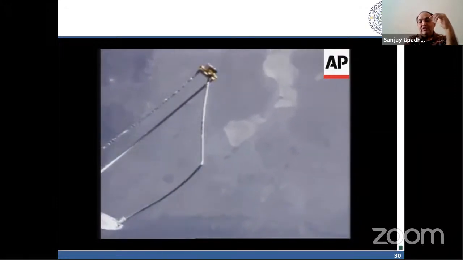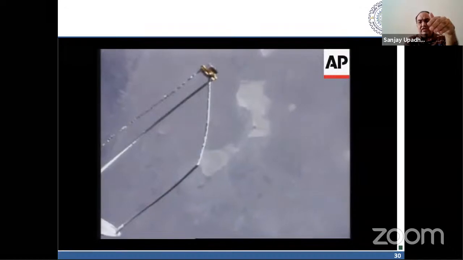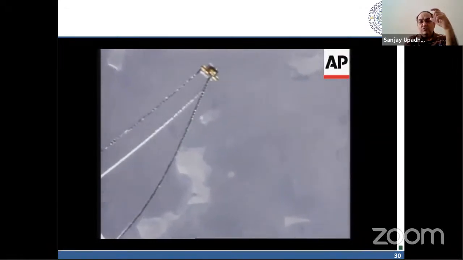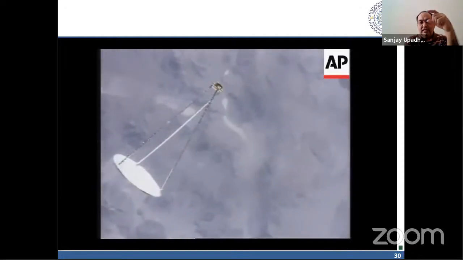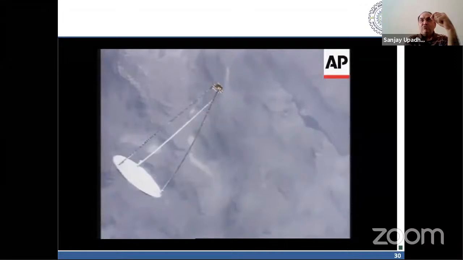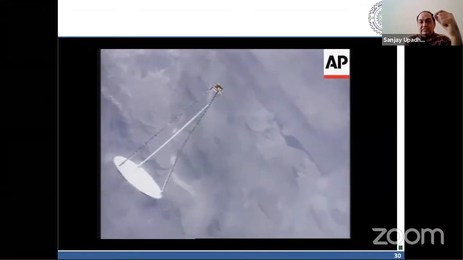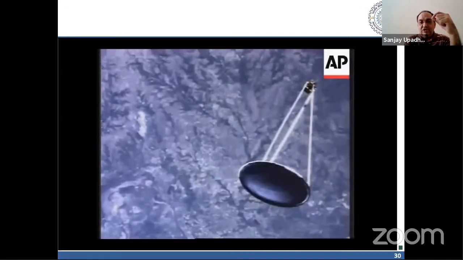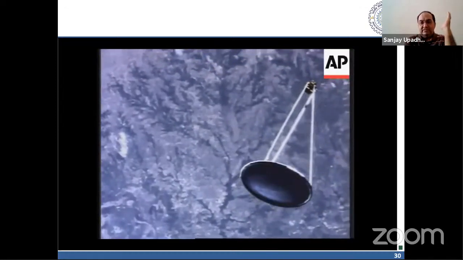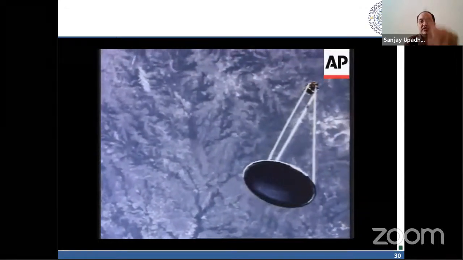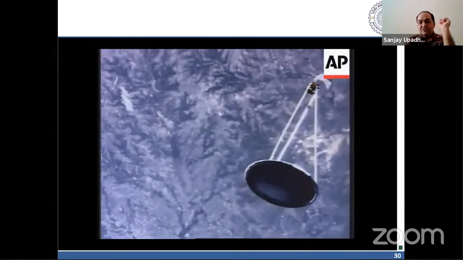So now you see there are lots of technologies involved. We need to research and study how to pack, how to deploy, how to inflate, how to rigidize, how to get the shape accuracy, how to get a wrinkle-free area. Now you see this is completely inflated with reflector, torus, and strut.